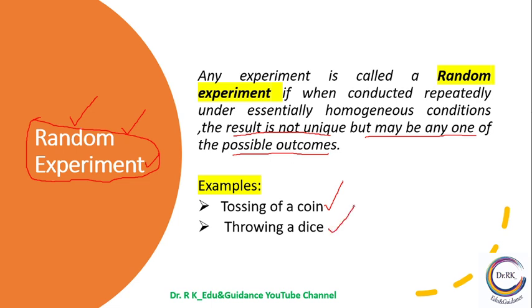When you throw a die, it can be any number from 1, 2, 3, 4, 5, 6. We are not saying that we are going to get 1 only, 2 only, or 3 only. It can be any one of all possible outcomes. Therefore these are called random experiments.